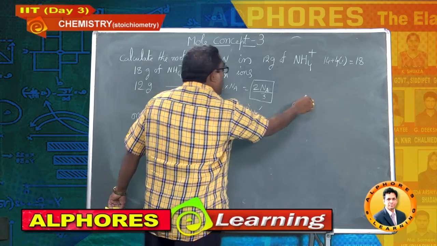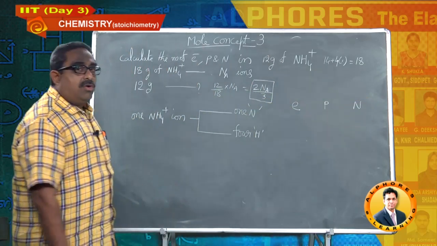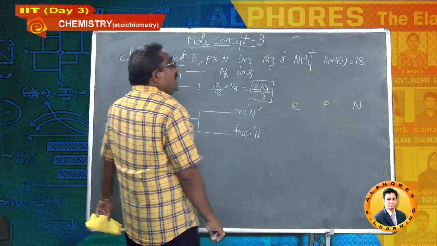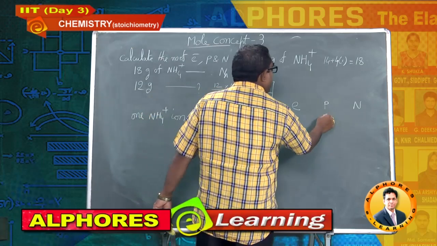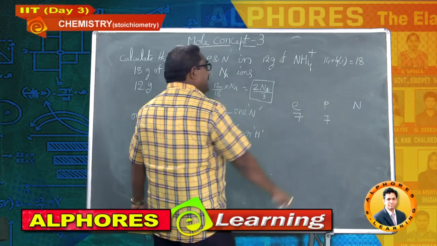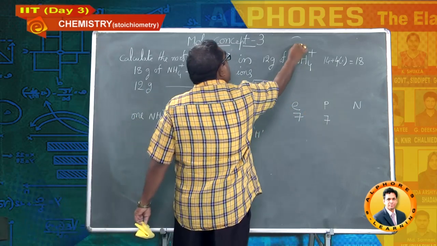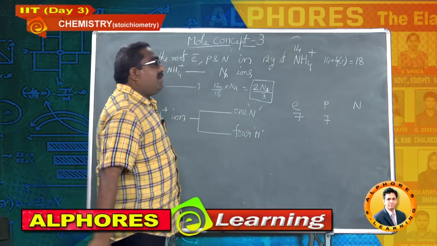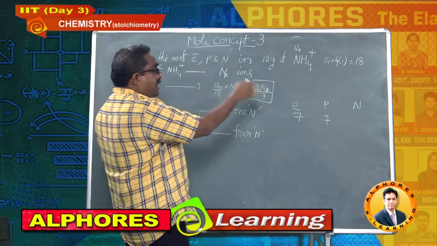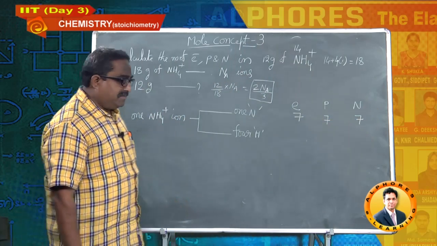Okay. Electrons, protons, neutrons. Nitrogen, atomic number 7. So you have to write 7 protons. Immediately you can write 7 electrons. For neutrons, we need mass number. If nothing is mentioned, by default you should take the mass number of nitrogen as 14. So 14 minus 7, again the number of neutrons is 7 here.